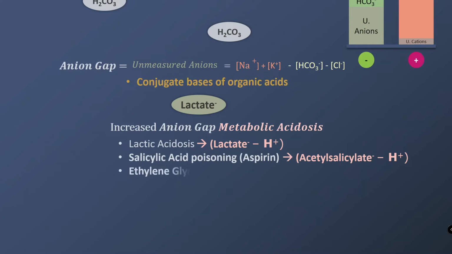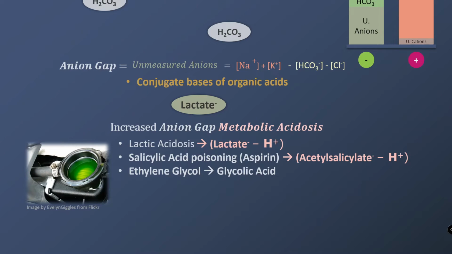So another condition, ethylene glycol, which by metabolism in our body generates glycolic acid, and basically it is used as an antifreeze agent in radiator coolant. So let's suppose somehow a child or someone has accidentally ingested ethylene glycol.